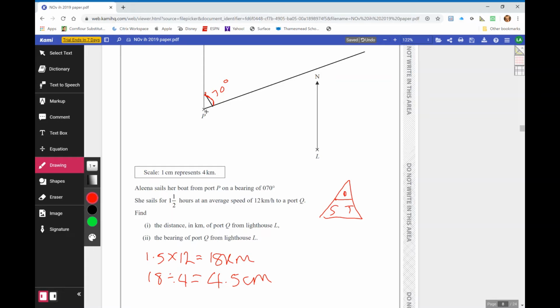Then you want to grab the ruler. Sorry, I thought I had a ruler on here.